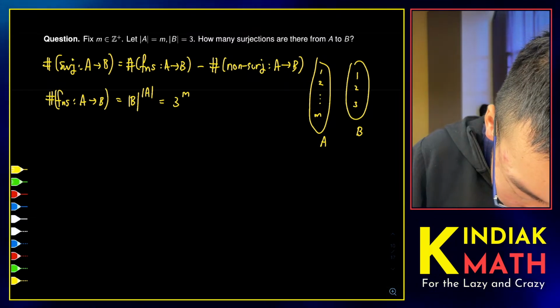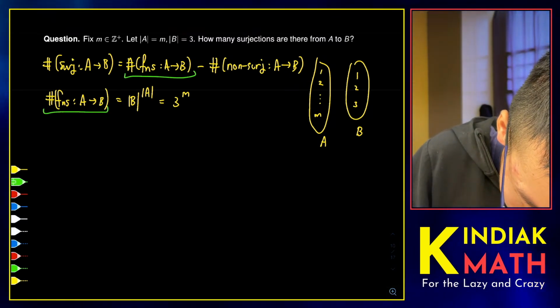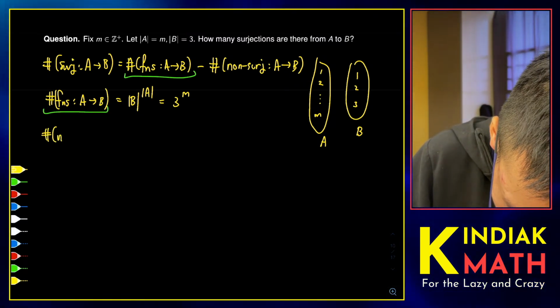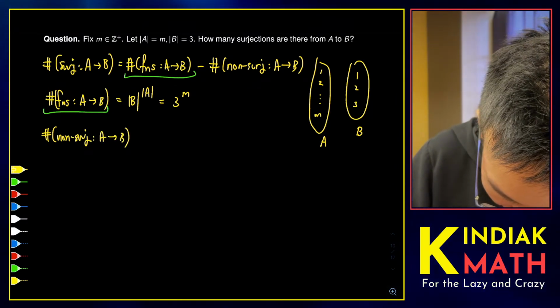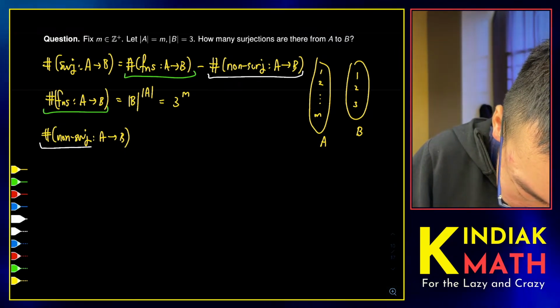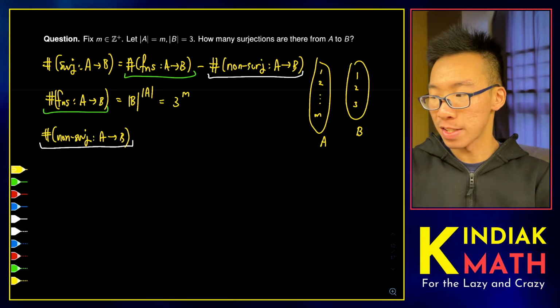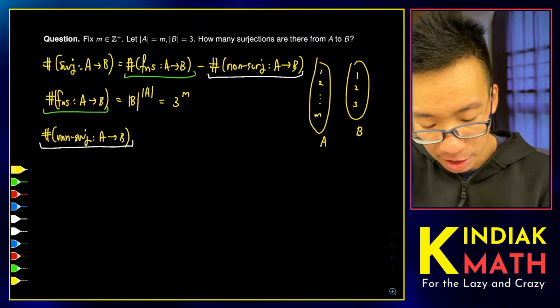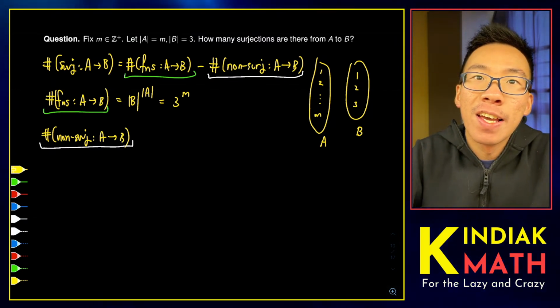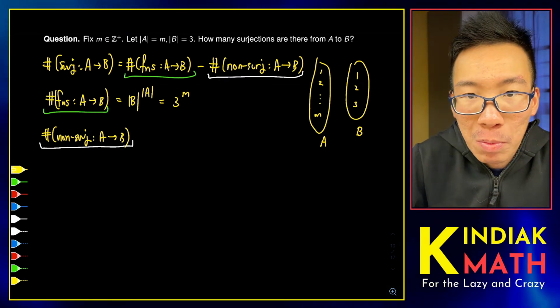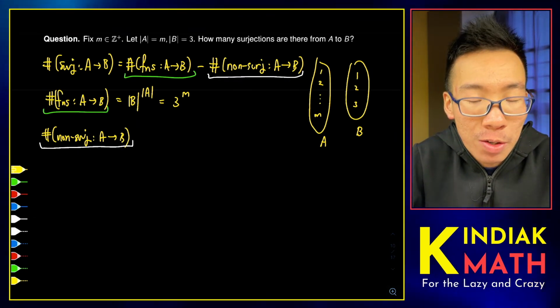But now we need to count the number of non-surjections. So number of non-surjections from A to B. How many are there? That's the question, and it's not exactly an easy question to answer. Well, the number of non-surjections means it has to at least not hit some item. Correct?